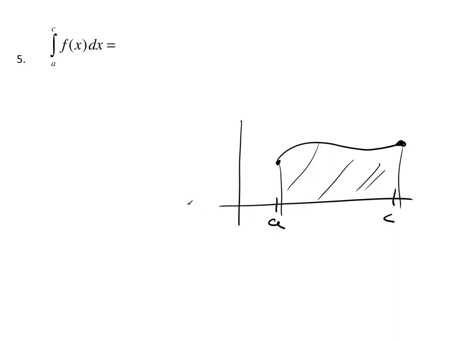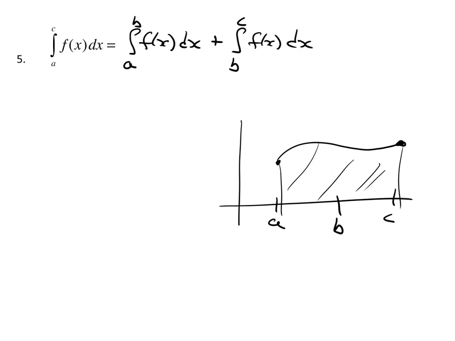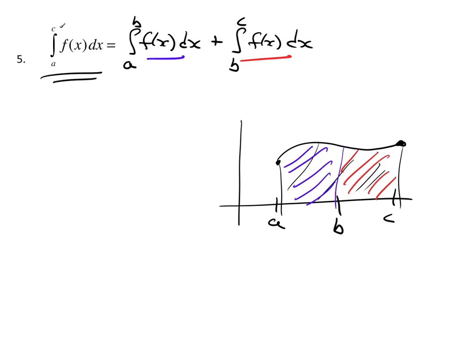But if I need to, I know I can break this up as the integral from a to b of f of x dx, where b is in here someplace, plus the integral from b to c of f of x dx. So the first piece would give me from here, and this second piece would give me here. And it should be obvious if I add them up, I will get the same as a to c.